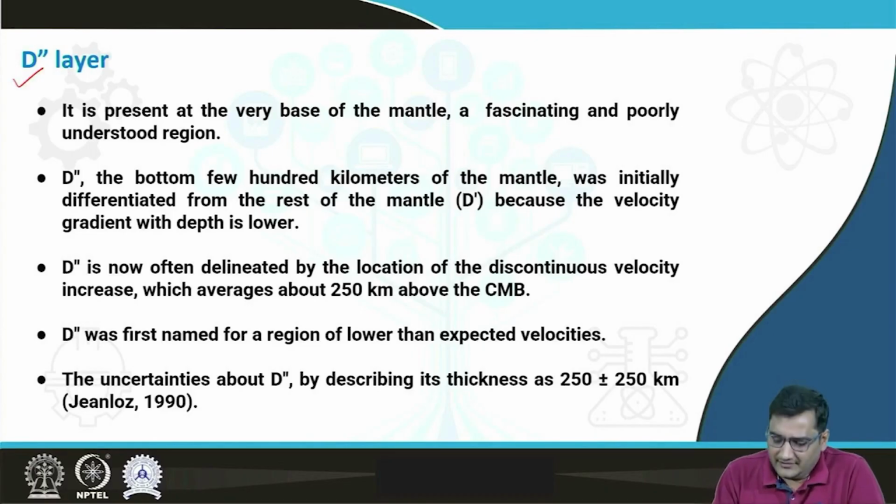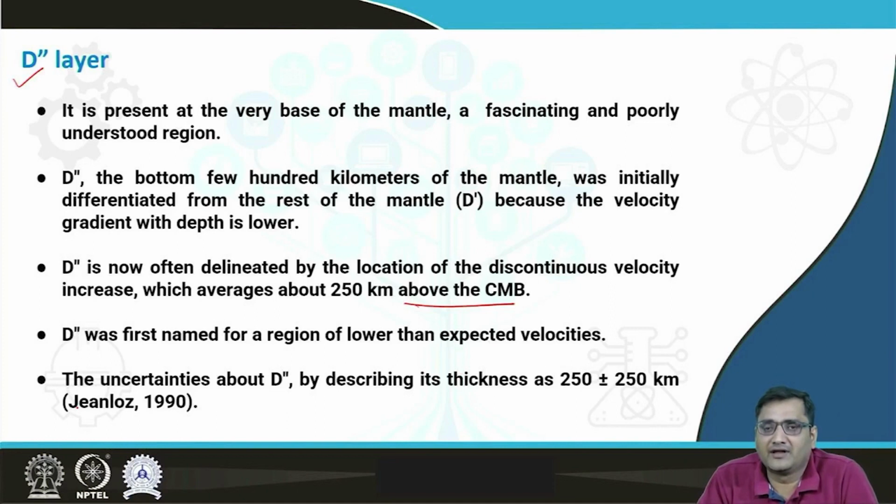This is often delineated by the location of a discontinuous velocity increase, which averages about 250 kilometers just above the core mantle boundary, and this was first named for a region of lower than expected velocity.